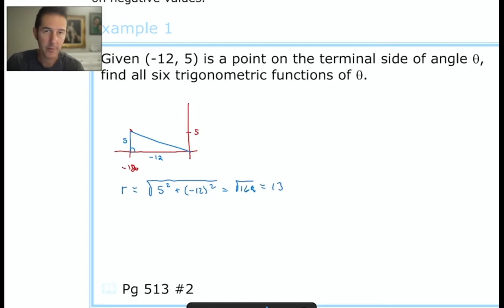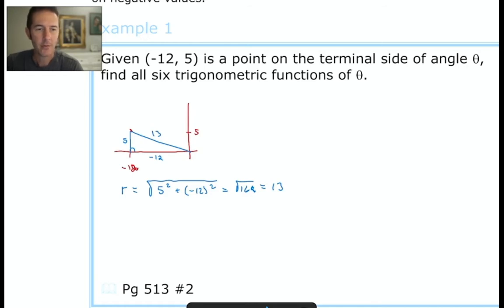Some of us know the 5, 12, 13. That's one of the famous Pythagorean triples. There's the 3, 4, 5 triangle, 5, 12, 13, 7, 24, 25, and the 8, 15, 17 triangle. So we'll see multiples of those as we go along.